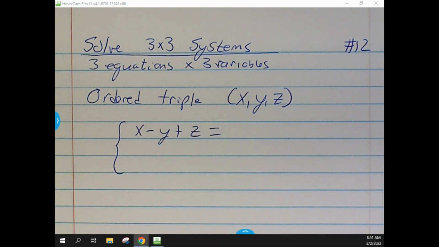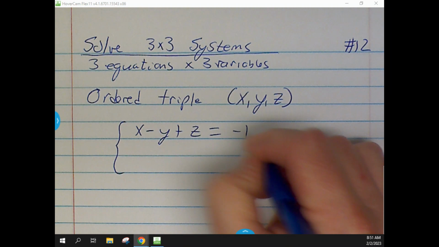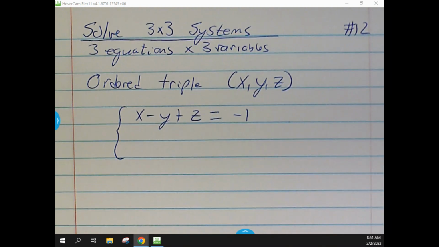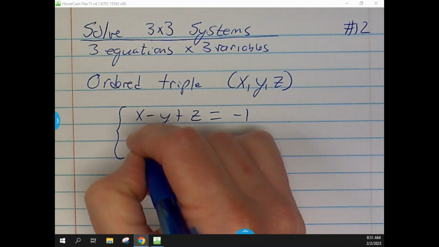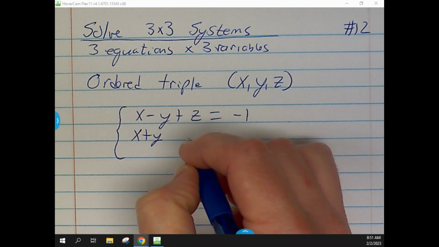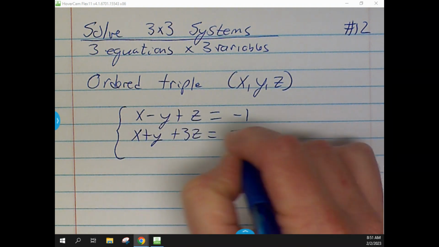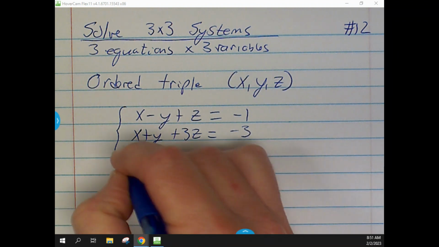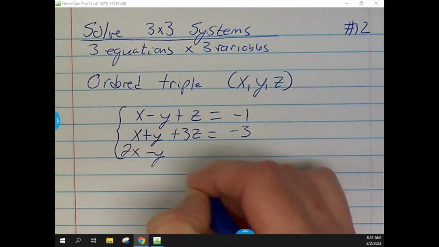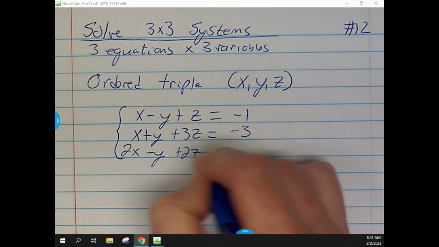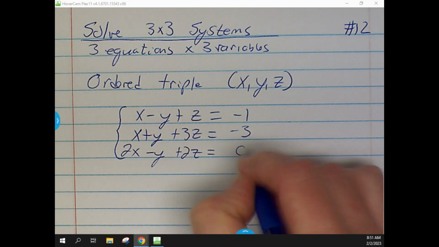So let's do X minus Y plus Z equals -1. Maybe it's X plus Y plus 3Z equals -3. And then 2X minus Y plus 2Z equals 0.